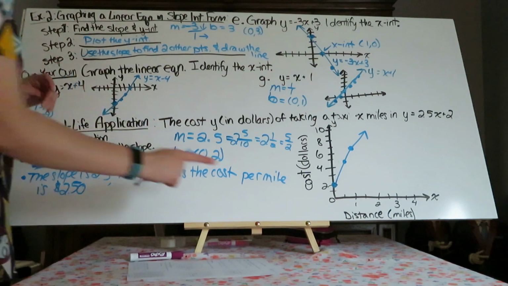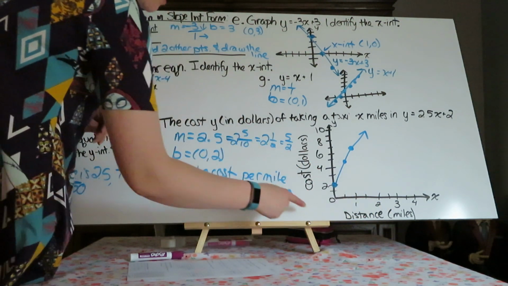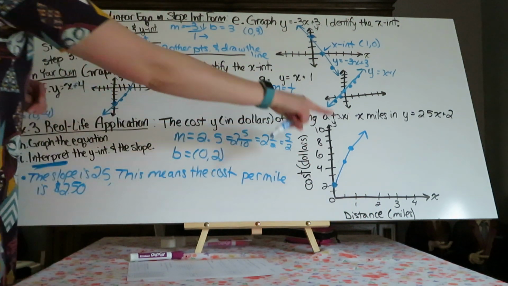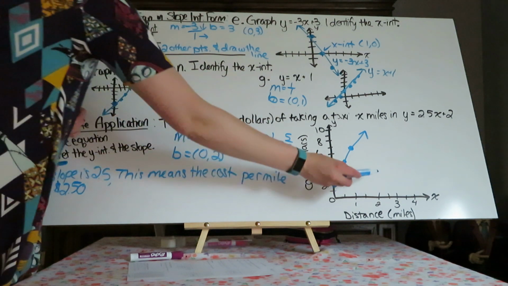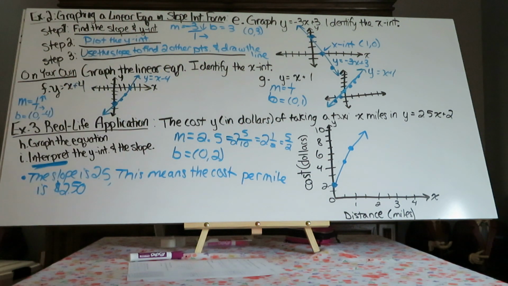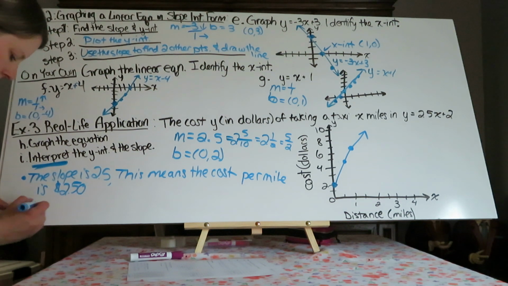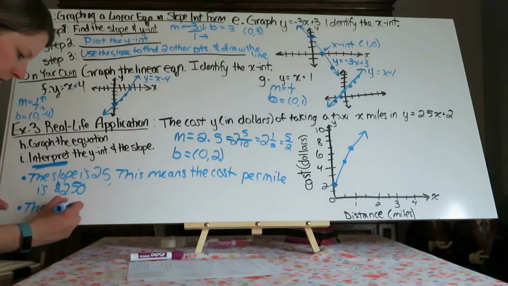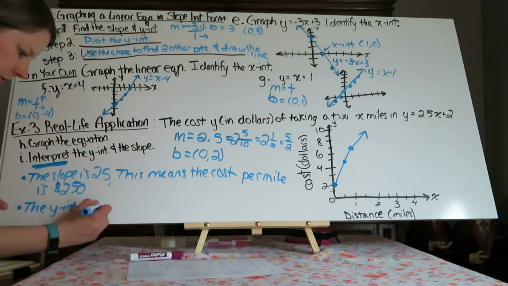One thing that I forgot to point out, I added in distance in miles, cost in dollars to my graph along with labeling it. You guys are going to need to make sure you put that in there as well. Then we have the y-intercept is 2.